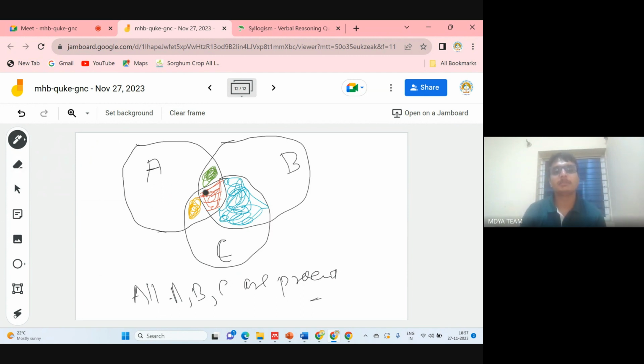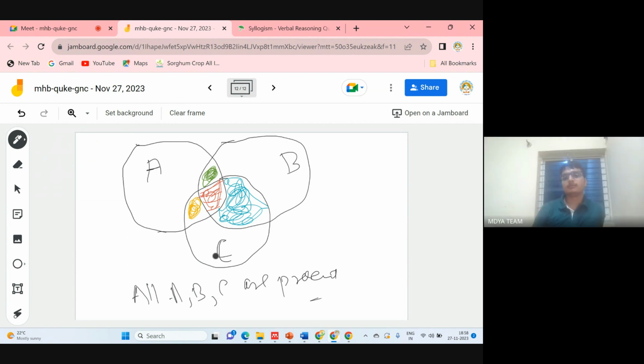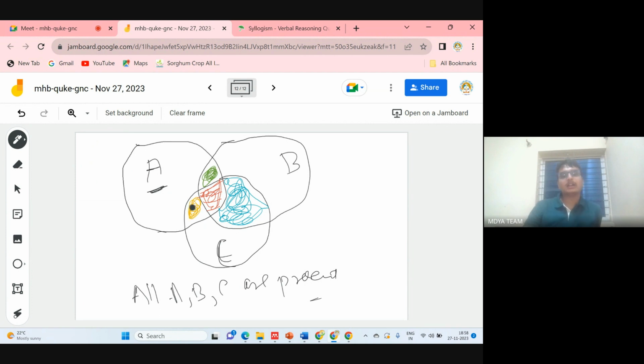Now what is the blue part indicating? Union of B and C. Those who are B and C but not A. Is it clear? What is this yellow part indicating?